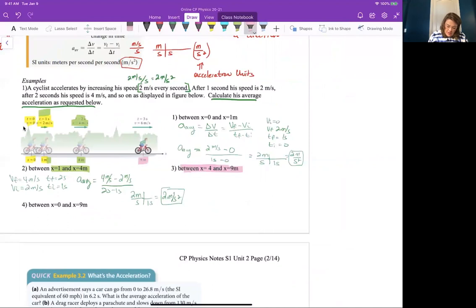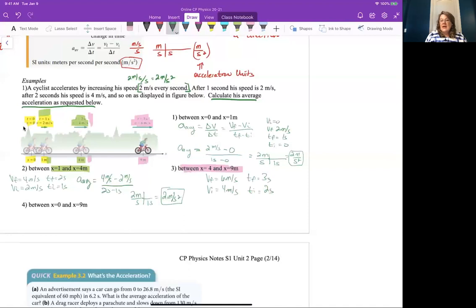So here's 9 meters. Here's my final location, and this will be my initial location for that problem. So I know that V final is equal to 6 meters per second. V initial is equal to 4 meters per second. T final in that situation was 3 seconds. T initial was equal to 2 seconds.